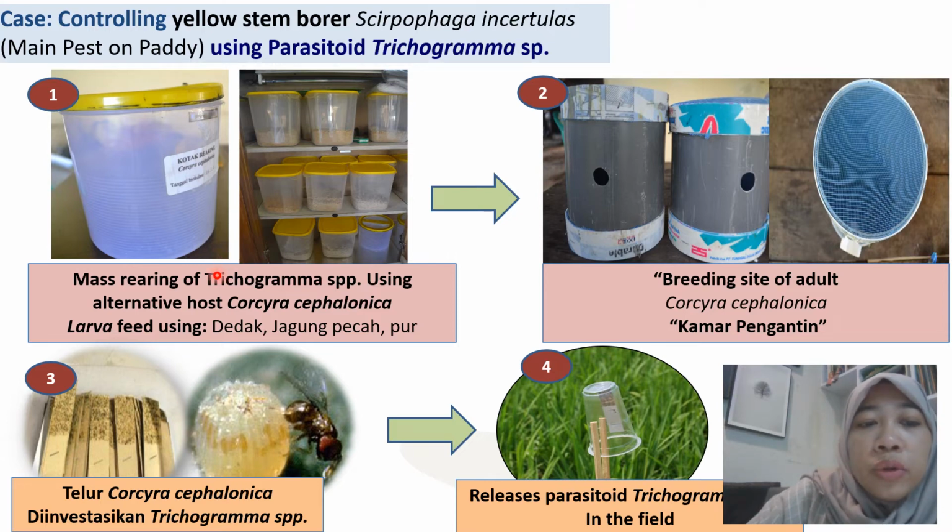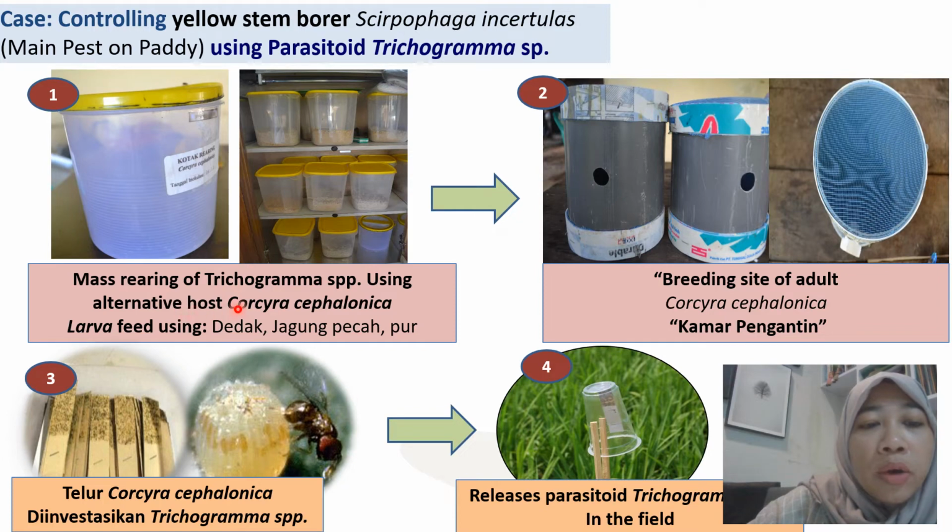We should use an alternative host, because the parasitoid needs a host, which is a pest. So we will substitute this pest with another alternative host, so we can reproduce more Trichogramma sp.